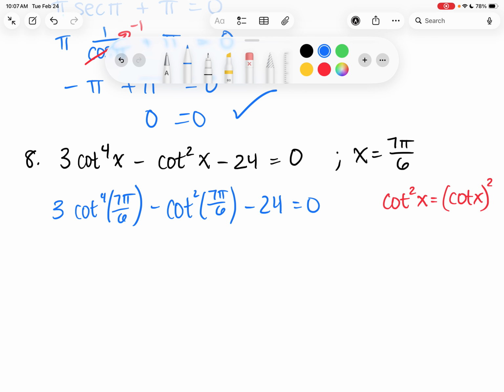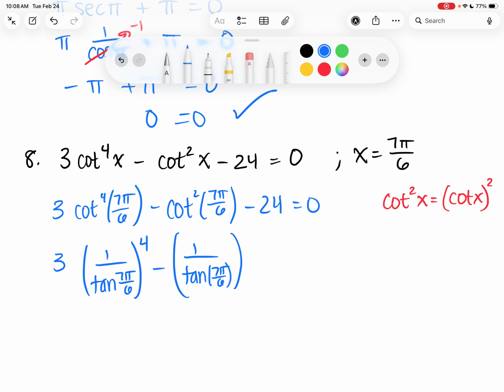Okay, so I'm going to treat this as 3 times. Now, cotangent's not on my unit circle, so I'm going to do it as 1 over the tangent of the value. So I'm going to do 1 over the tangent of 7 pi over 6, all raised to the 4th, minus 1 over the tangent of 7 pi over 6, all squared, and then minus 24.